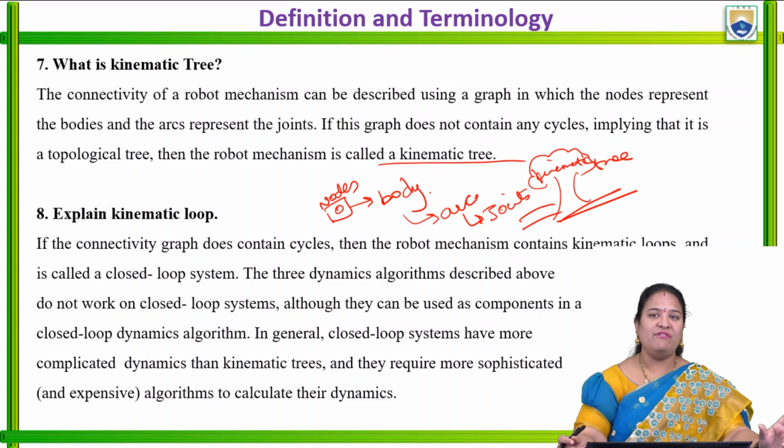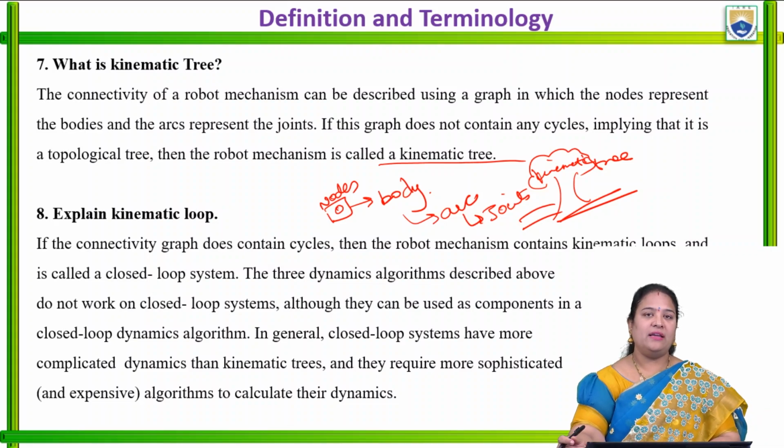That is, if the graph does not contain any form of cycles, it is considered a topological tree, and that robot mechanism is called a kinematic tree. The connectivity of a robot mechanism can be described using a graph in which the nodes represent the bodies and the arcs represent the joints.